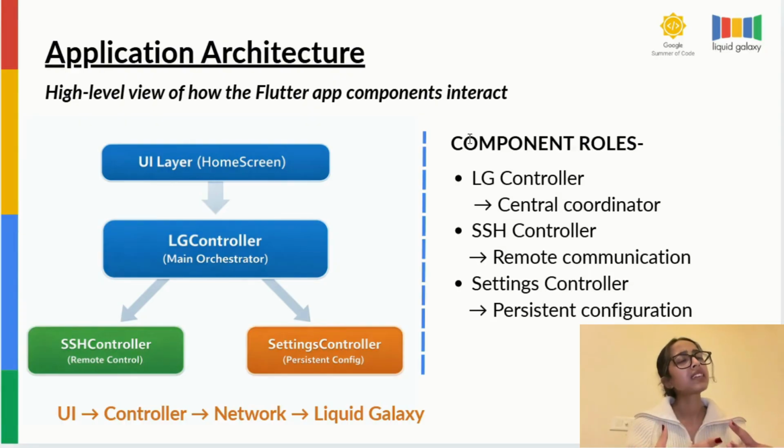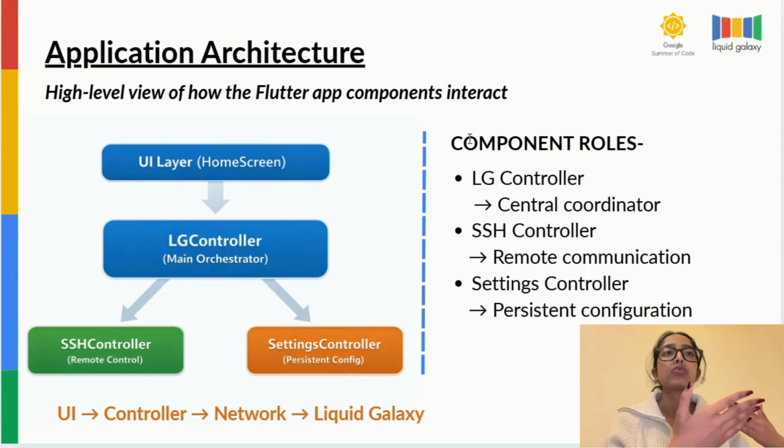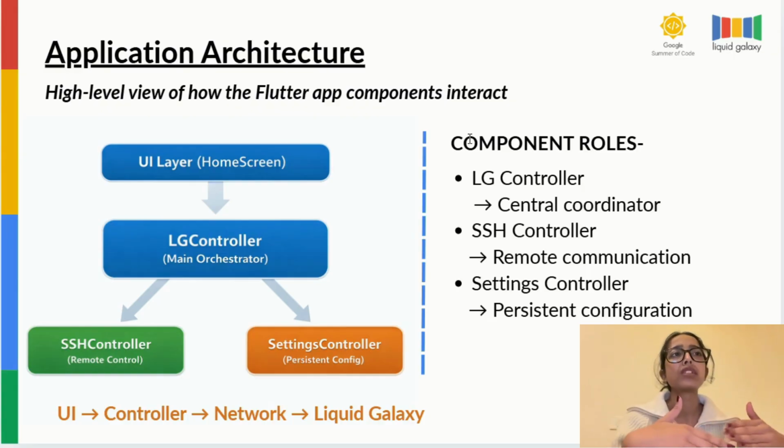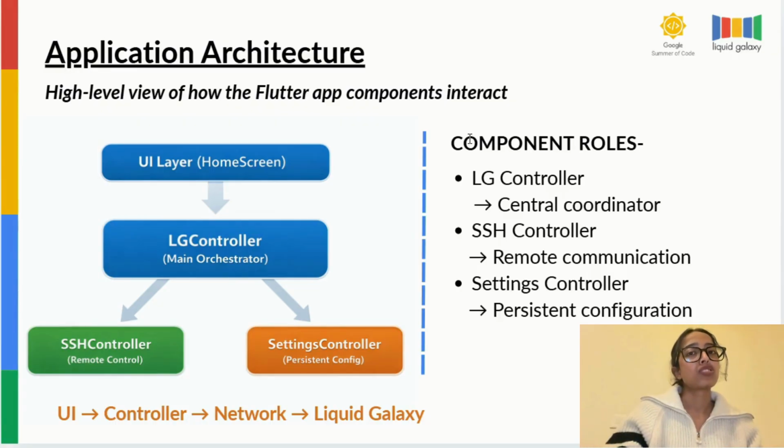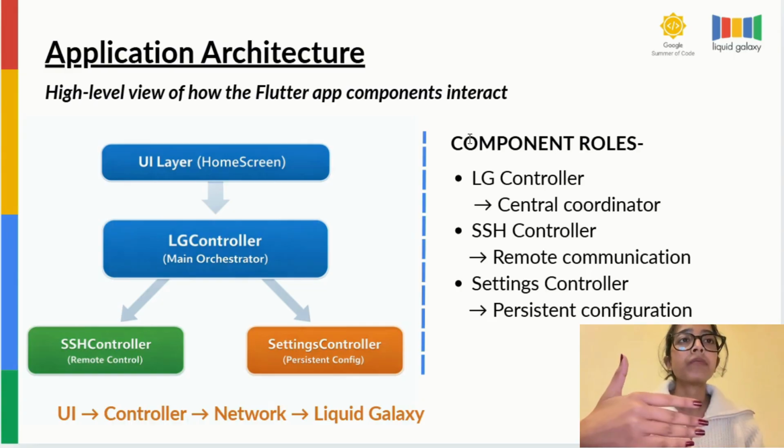When the user clicks something, the request first comes here, and from this point LG controller decides what type of operation needs to happen. If it's related to remote execution, the request is passed to the SSH controller. You can see the SSH controller here. And if it's related to configuration, then the request interacts with the settings controller.